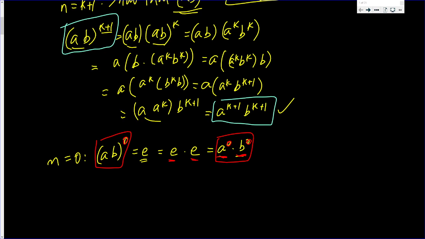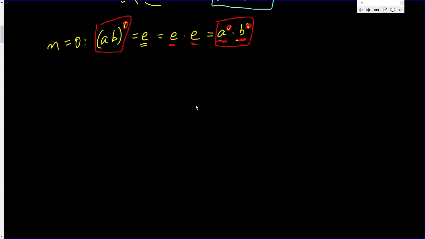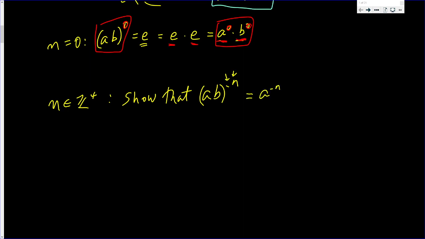Okay, so I covered 0 and positive integers. Now let's talk about negative integers. I'm still going to let n be a positive integer. We want to show that (AB) to the negative n, so if n is positive, negative n will be a negative integer, is A to the negative n times B to the negative n.